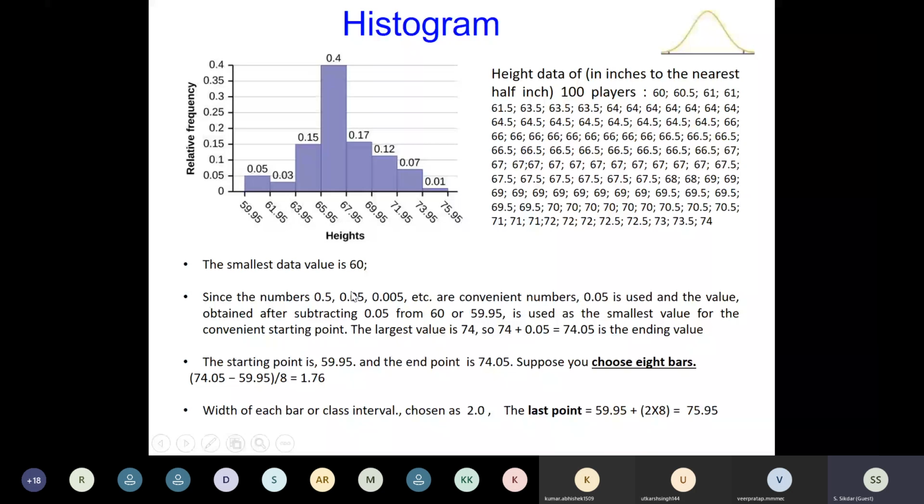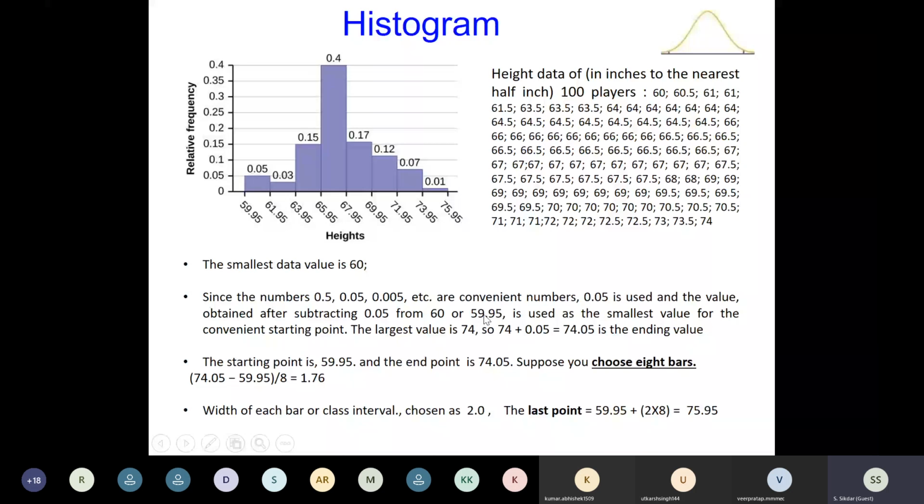If I use 0.005, it would be more precise, but I have to take care of the calculation and everything, and put my head deeper into that everywhere. I have to have a housekeeping thing. So if I take 0.05 and subtract it from 60, I can use 59.95.